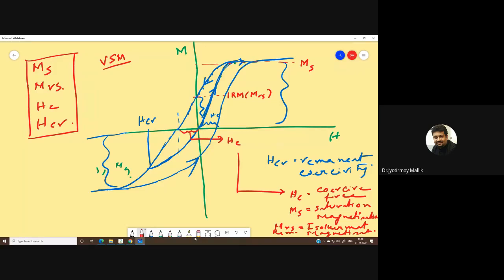There are many other instruments by which you can generate such a hysteresis curve. So there is one such instrument that we have, which is called VSM, where you can generate such a hysteresis curve. And the main parameters that you take out from a hysteresis curve are MS, MRS, HC, and HCR, and they are very much dependent on the material.